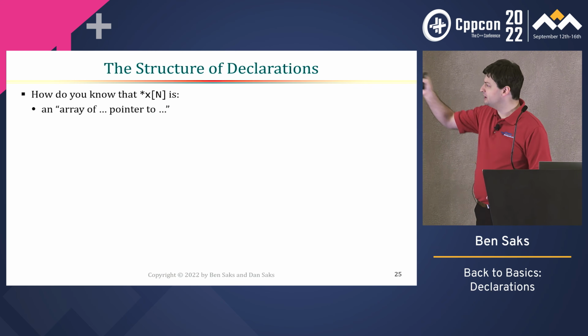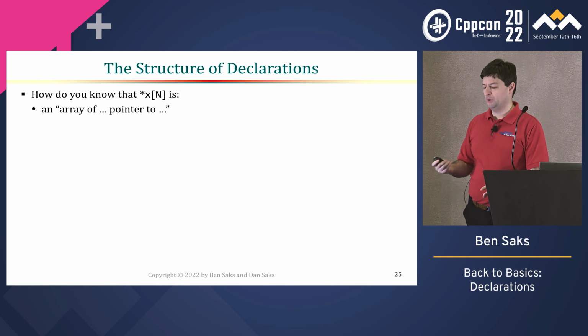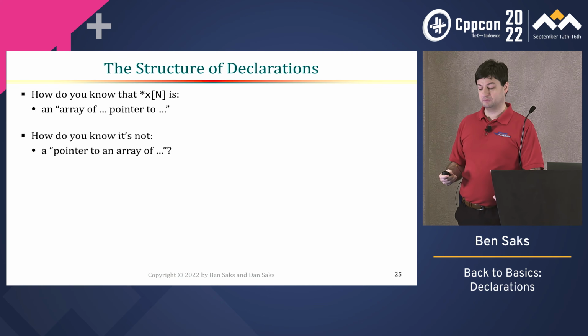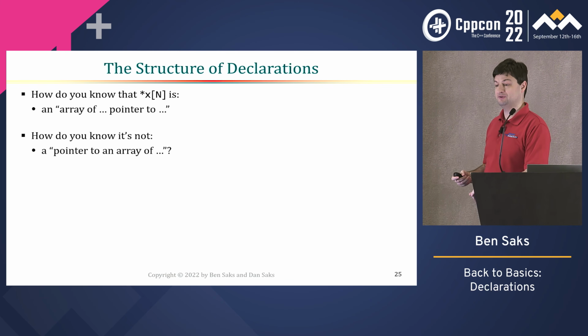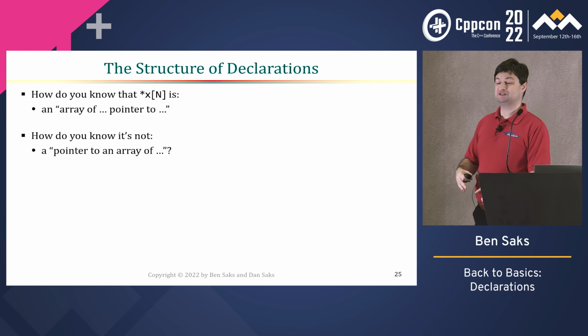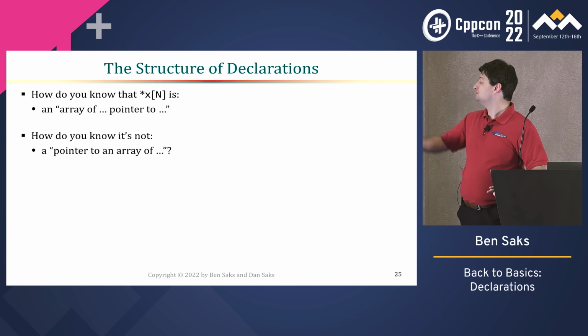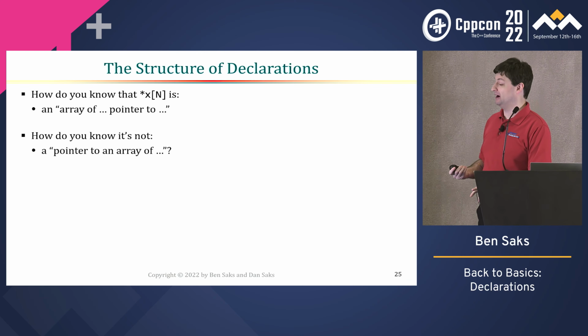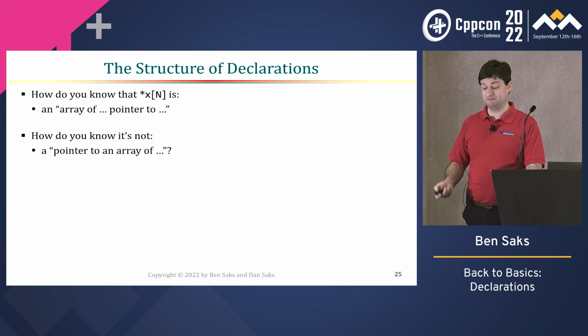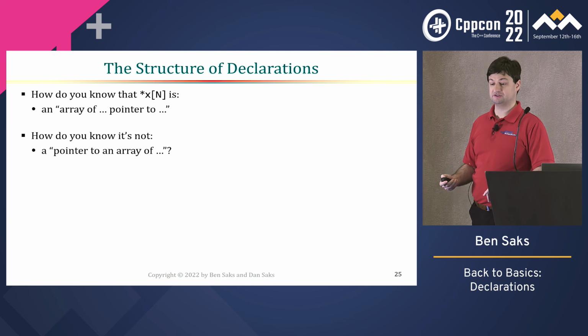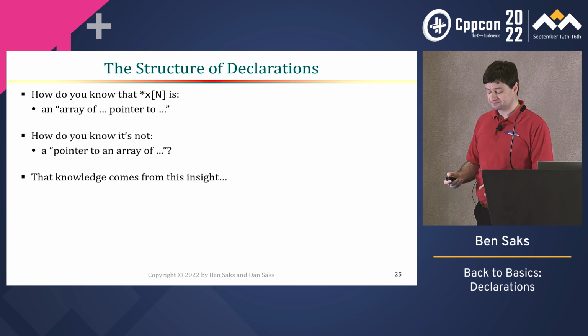Now, how do we know that X is an array of pointers? Couldn't it be a pointer to an array? We don't see pointers to arrays all that often, but they do exist in the language. You can write them. So, given that declarator, how does the compiler know that that means array of pointers, that was what I had in mind?